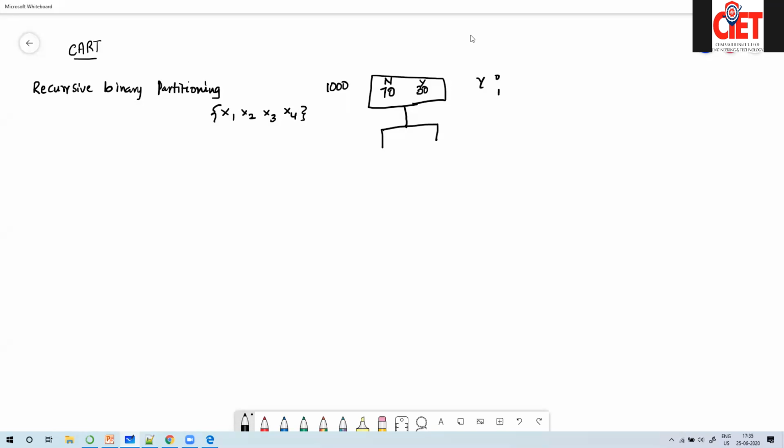Of course, some of the trees work beyond binary partitioning, but most of the tree-based algorithms work with binary partitioning.